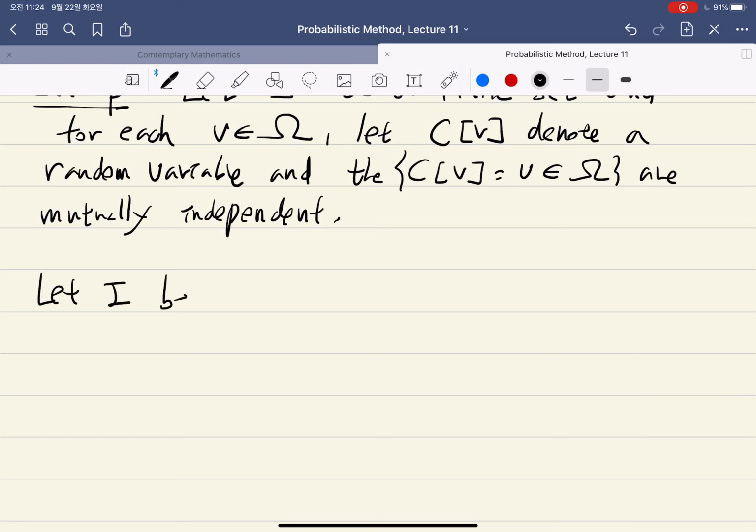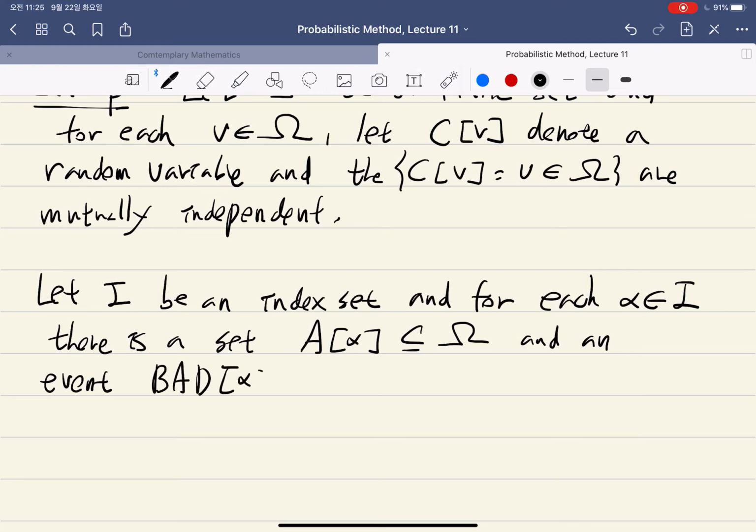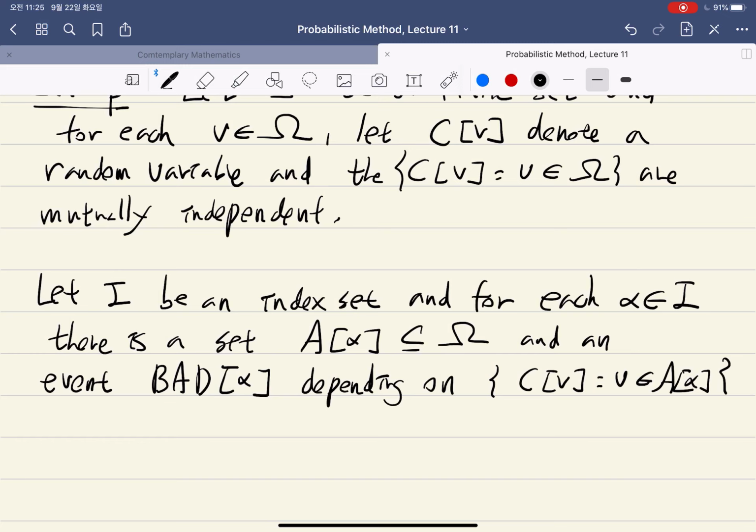So let I be an index set, and for each alpha inside of I, there is a set A alpha, which is a subset of this Omega, and an event, say bad alpha, which depends on how this C of B came out in this set A alpha.